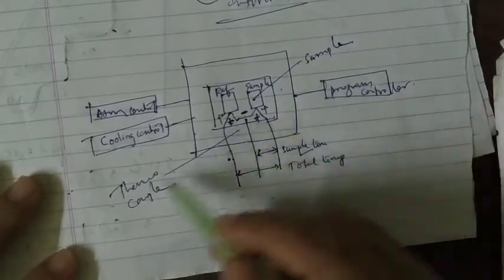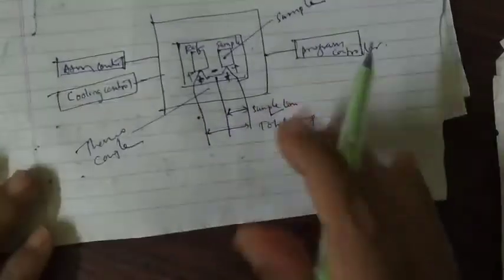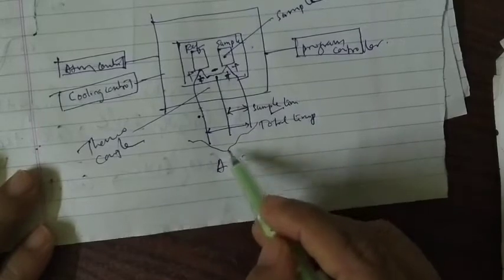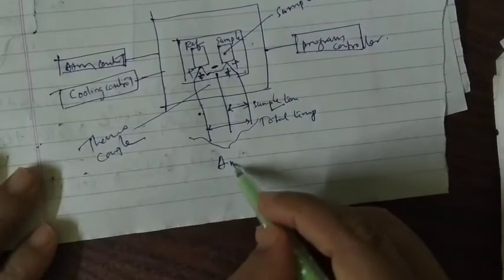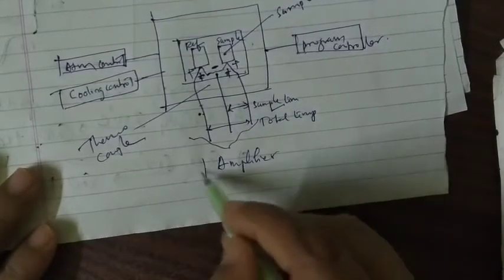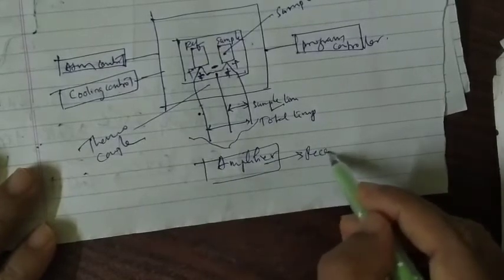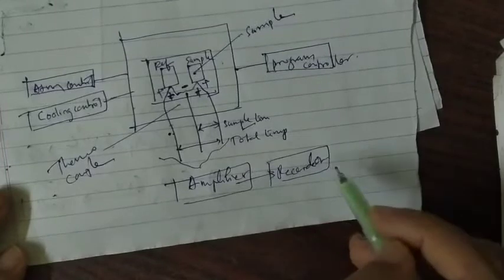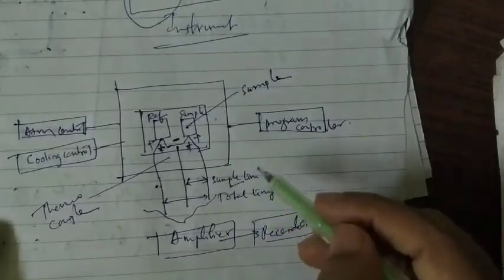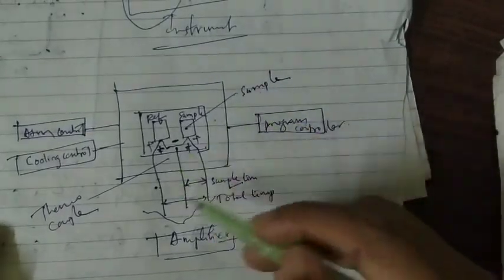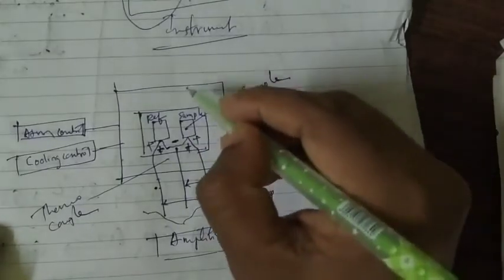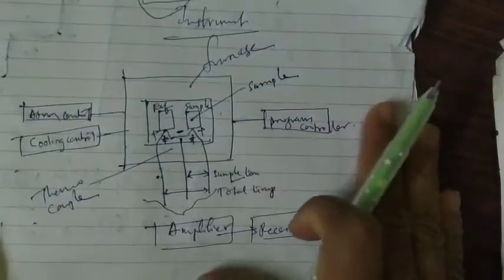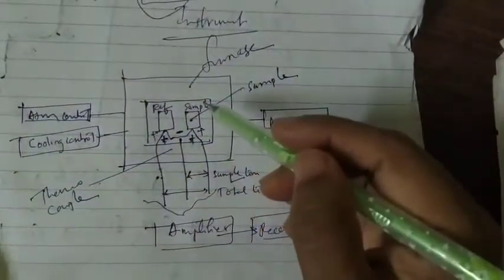Finally, the signal we get from here goes to an amplifier, and finally there is a recorder. Like this it has been designed, and this is your furnace. So make note of this very simple diagram of the DTA.